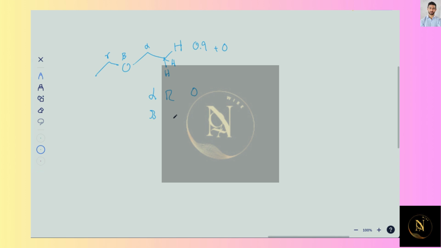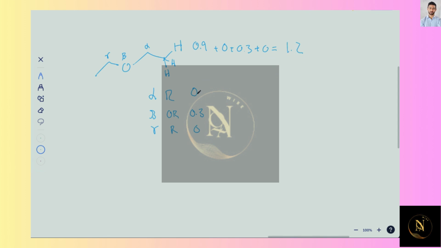We look at our table, and if we have OR in the beta position, then we need to add 0.3. Then in the gamma position, we just have an R, and an R's effect is 0. So we add 0 altogether, and we get 1.2.